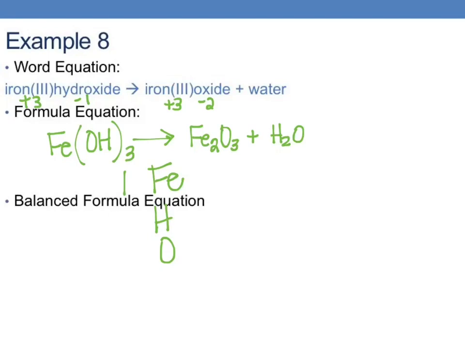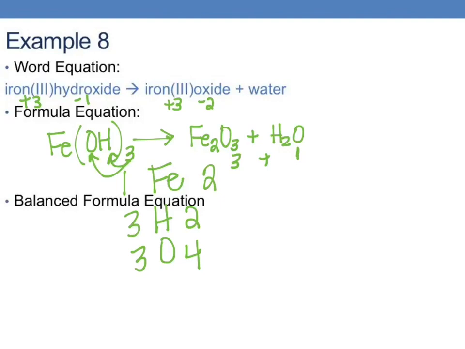How many on the product side? How many H's on the reactant side? 3. How many on the product side? 2. How many O's on the reactant side? How many on the product side? 4. 3 plus this 1. So that is 4.